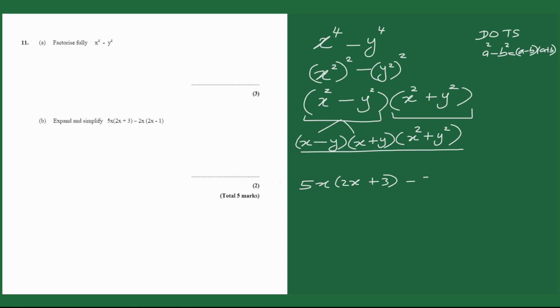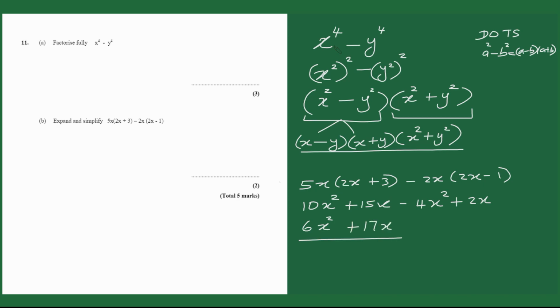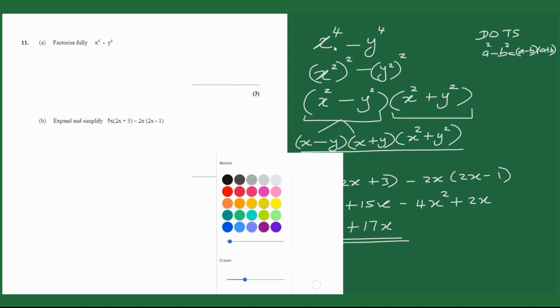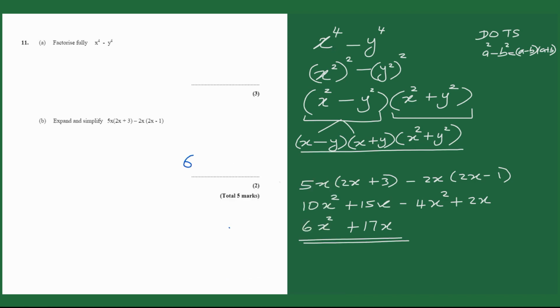B part, 5x times 2x plus 3 minus 2x times 2x minus 1. So expand the brackets out. 5 times 2 is 10x squared, 15x, minus 4x squared plus 2x. 10x squared take away 4x squared is 6x squared. 15x plus 2x is 17x.